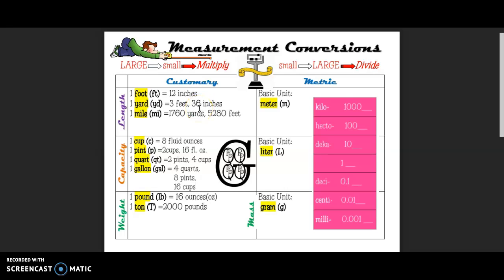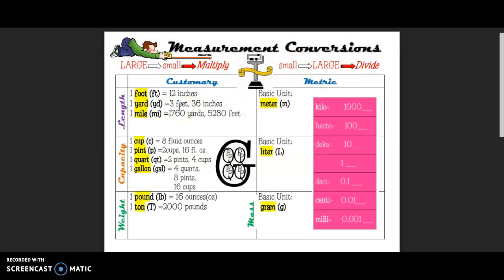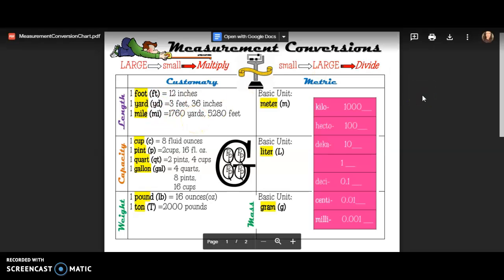So you would say 36 divided by 12, which equals 3 feet. You have to keep that in mind. You have to think about which measurement is bigger and which is smaller, so that you know how to solve it.